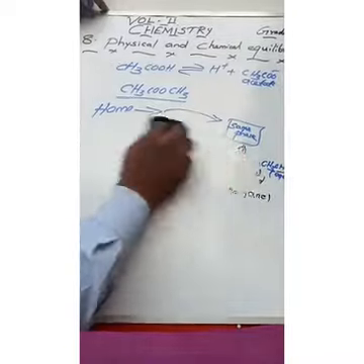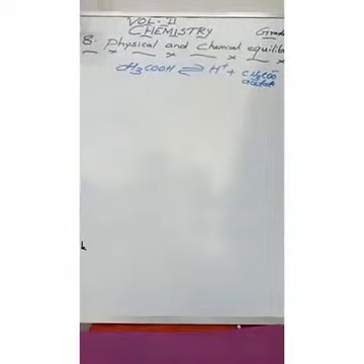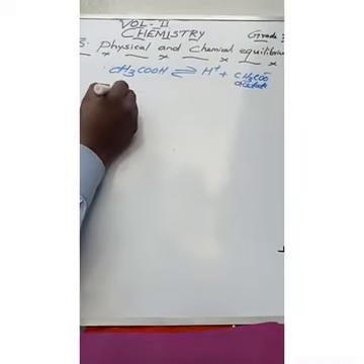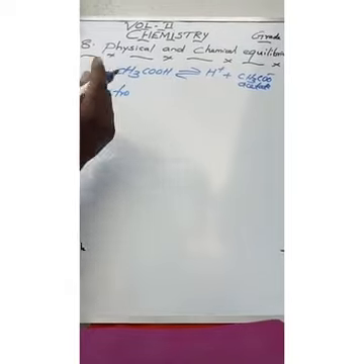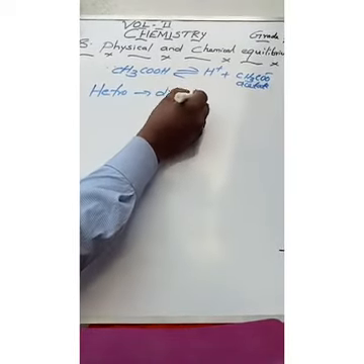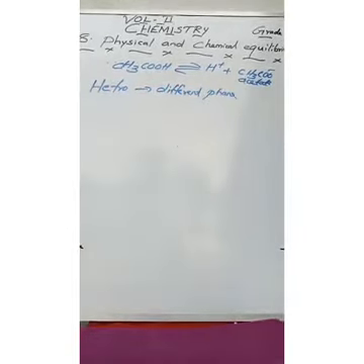What about heterogeneous? Heterogeneous means all the reactants and the products are in different phases, if the reactants and the products of the reaction in equilibrium are in different phases. Different means hetero, same means homo.